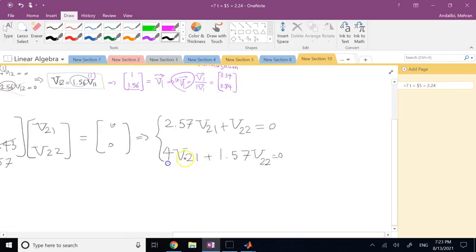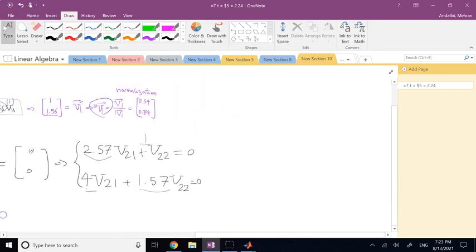Again, the ratio between 4 and 1.57 is the same as between 2.57 and 1. So both of them are going to give me only one equation. Again, if I use the top one, that means V22 is going to be equal to negative 2.57 V21.